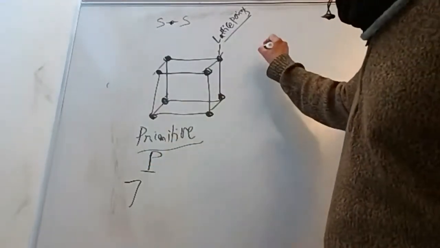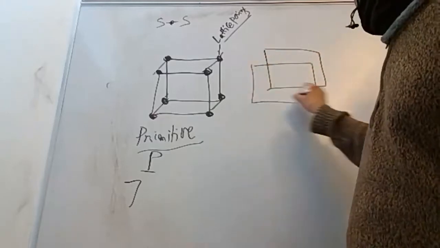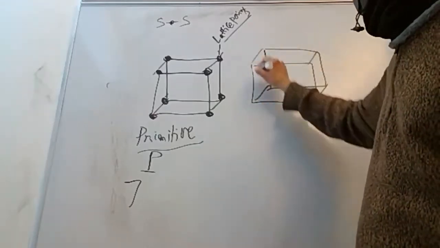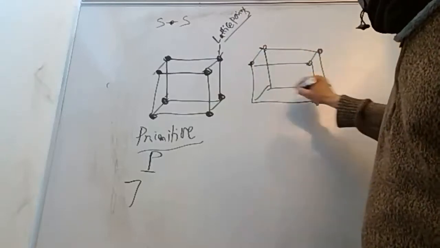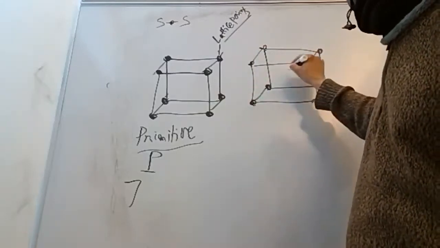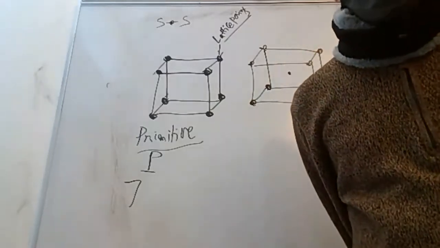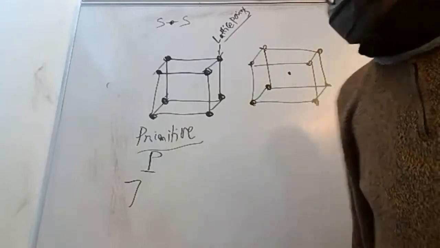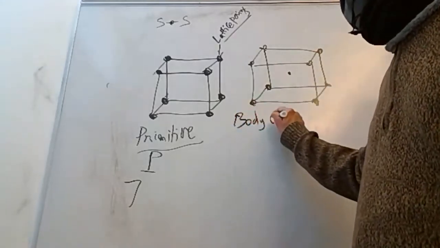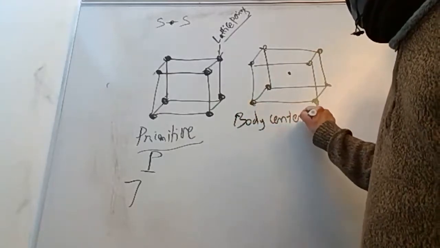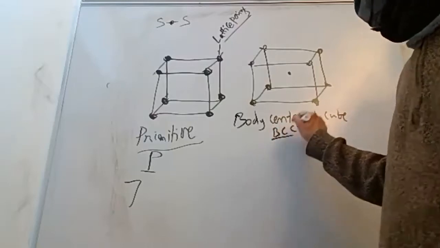In addition to primitive, we can also have another cell where, in addition to having lattice points at the corners, we also have a lattice point located in the center of the cube. This representation is called body-centered cube. Sometimes it's known as BCC.